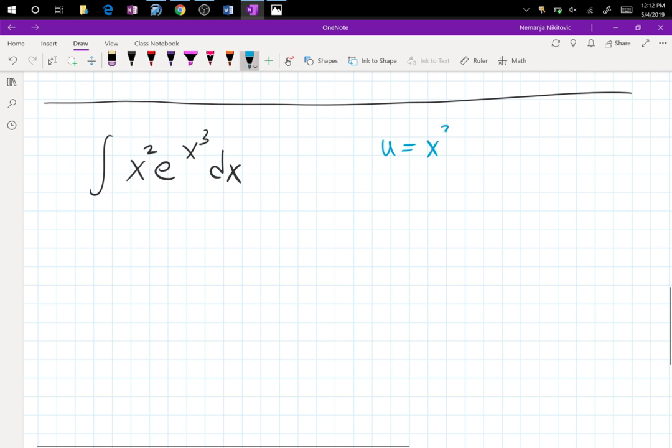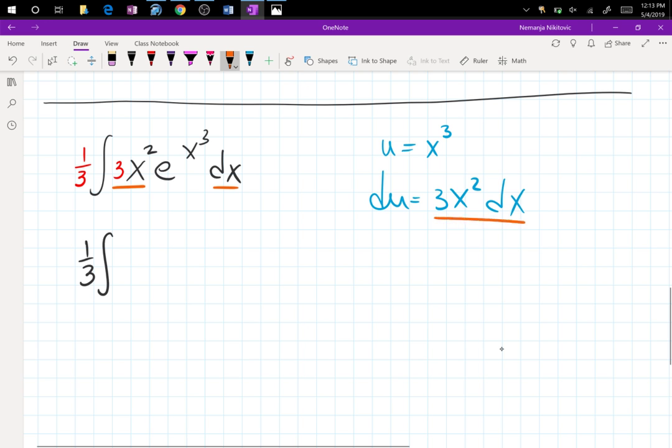So u is x cubed, which means du is 3x squared dx. I need a 3, so we'll fix that. And now I have 1/3 integral. Here's my orange. 3x squared dx is the du. And what I'm left with is e to the u.